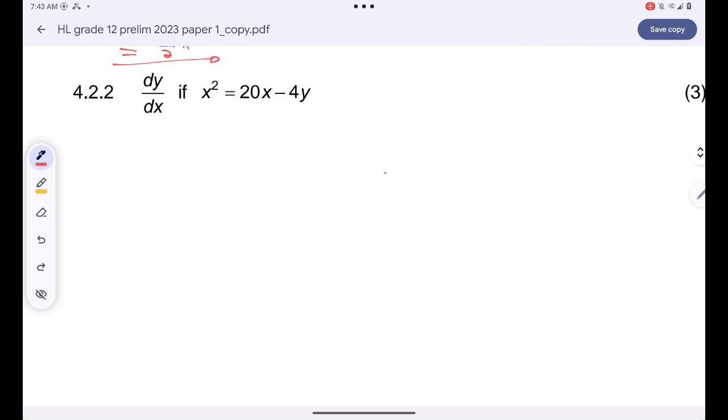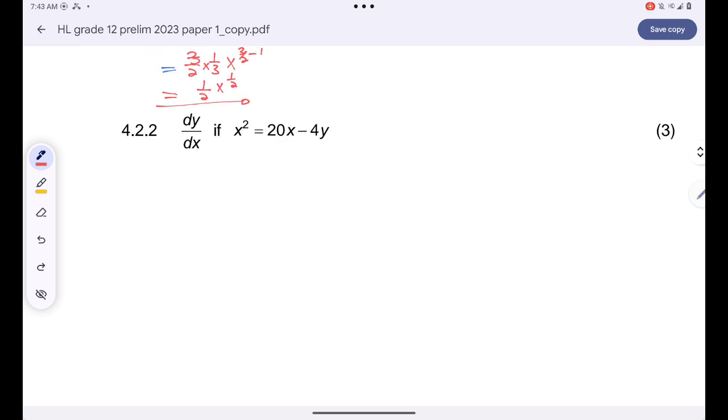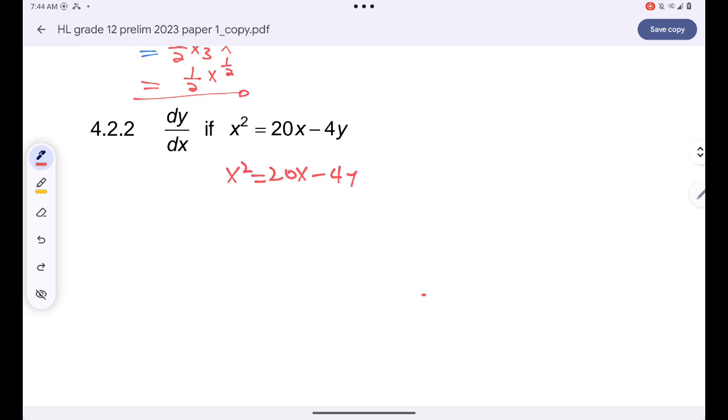And then now I'm supposed to derive the equation of y with respect to x. So basically, I must just isolate y. If I'm given x squared equals 20x minus 4y, now I'll just take the 4y to the other side. I'll end up having positive 4y being equal to 20x minus x squared.